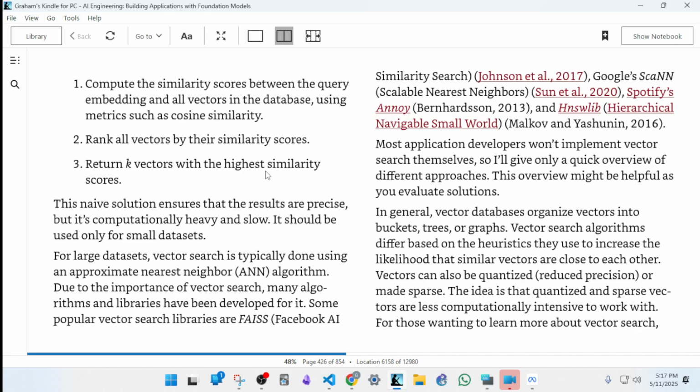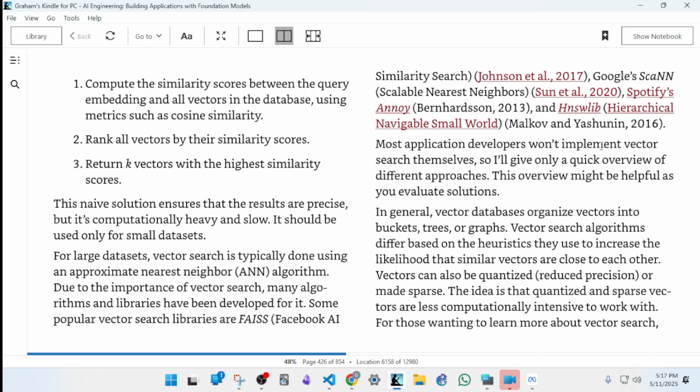Spotify's Annoy, which is a funny name, developed in 2013. And hnswlib, Hierarchical Navigable Small World, developed in 2016. So that's the oldest of all of these. Oh no, 2013 is the oldest. Google's Scalable Nearest Neighbors was developed in 2020, pretty recently.